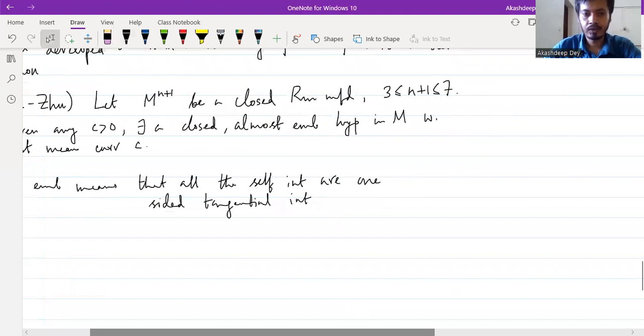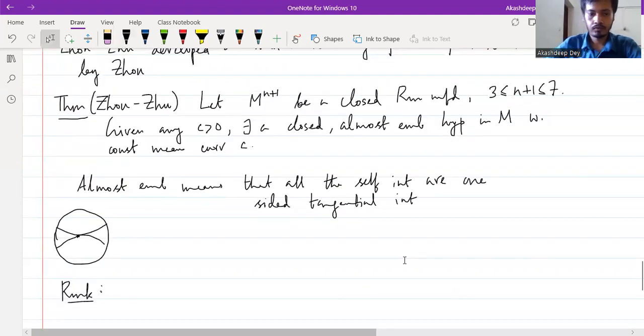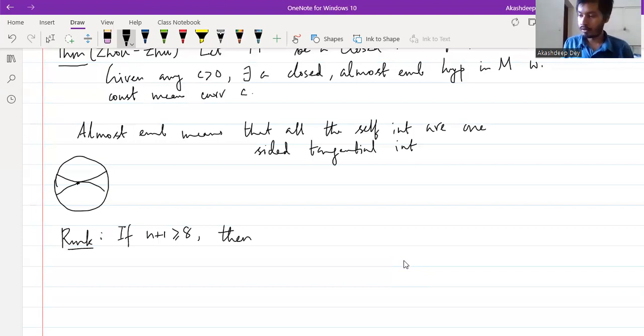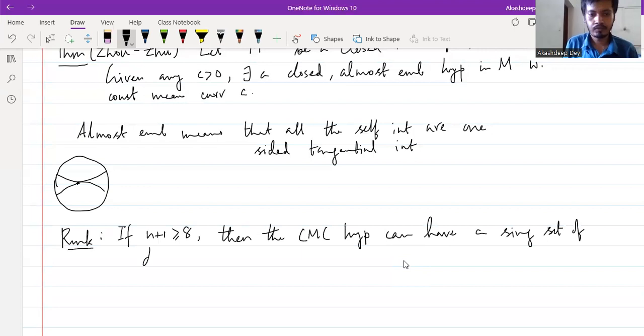If we have n plus 1 greater than or equal to 8, then we still have the existence of a closed CCMC hypersurface in M, but the CMC hypersurface can have a singular set of Hausdorff dimension at most n minus 7.